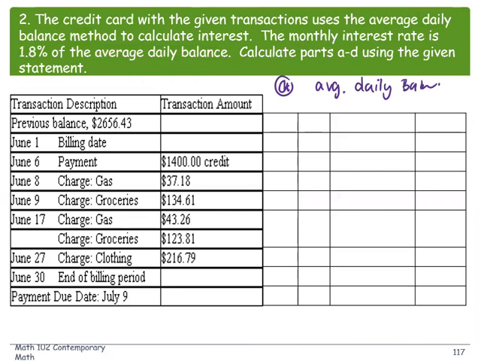In the first column, I'm going to put the date, starting from June 1st, then June 6th, June 8th, June 9th, and June 17th, where there are two transactions, so I combine them into one row. The last transaction occurs on June 27. The next column is going to be the unpaid balance for the date.